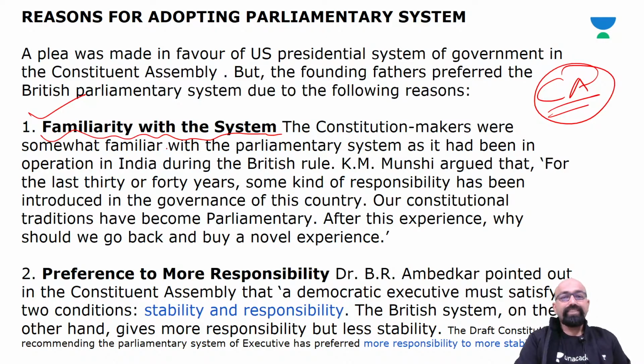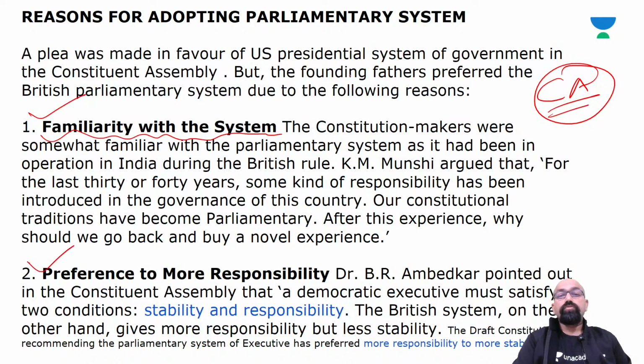For example, K. M. Munshi argued that for the last 30 or 40 years, some kind of responsibility has been introduced in the governance of this country. Our constitutional traditions have become parliamentary. After this experience, why should we go back and try a novel experience? So that's why the founding fathers decided to opt for the parliamentary system.